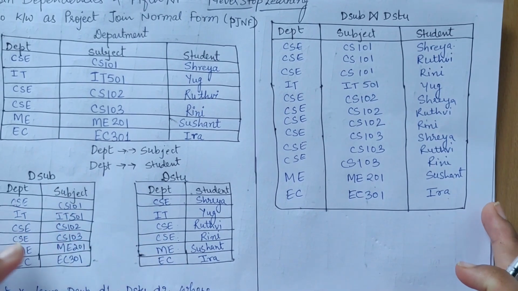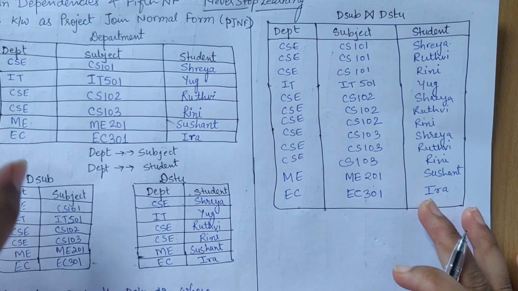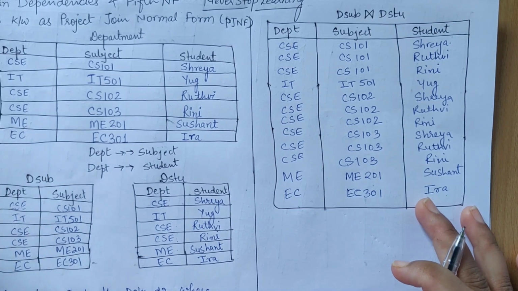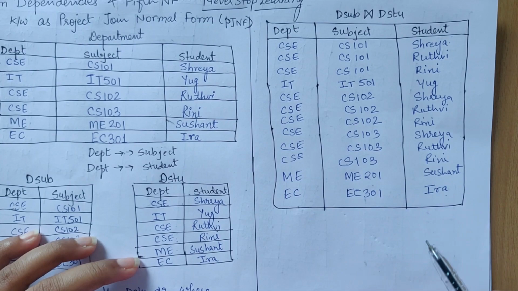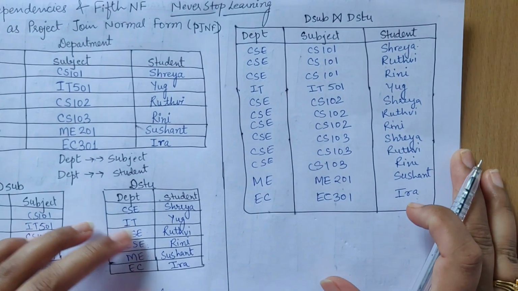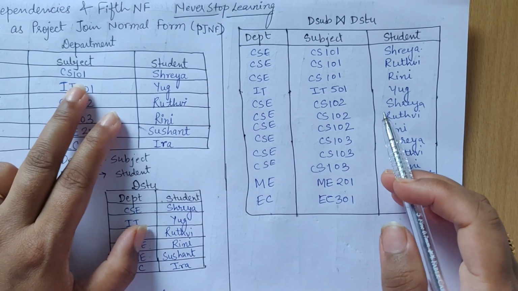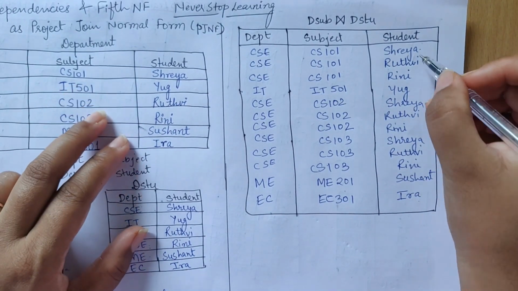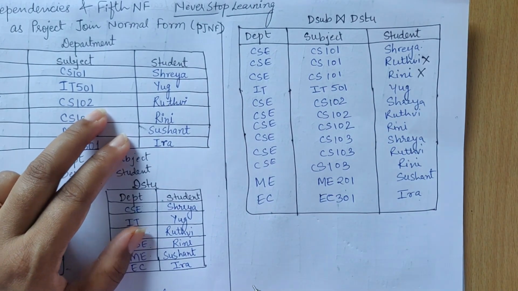So according to the lossless property of join, we should have got these 6 tuples. But instead of that, we are getting 12 tuples. That means if you look at the original table, CS101 Shreya is there, but Rutvi and Rini are not there.